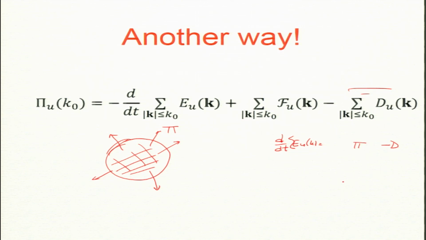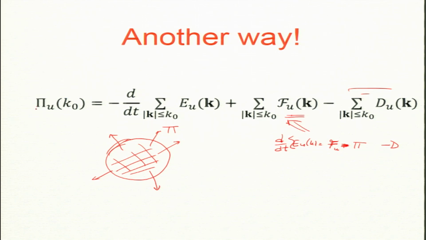This can be positive or negative. And third, I get energy from some external force, so we put a plus sign: F_u, then minus the flux, then minus D. There is a minus sign because flux is going out. So, if flux is positive, then I am losing.